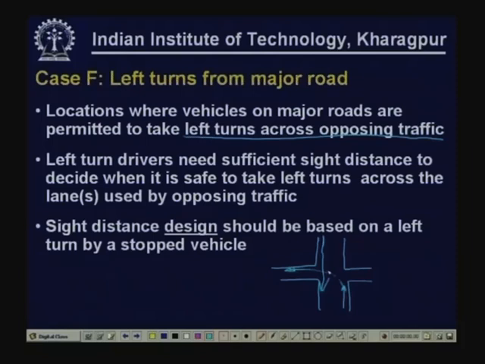So, therefore, left turn drivers need sufficient side distance to decide when it is safe to take left turns across the lane used by opposing vehicles. And side distance design should be based on a left turn by a stopped vehicle.